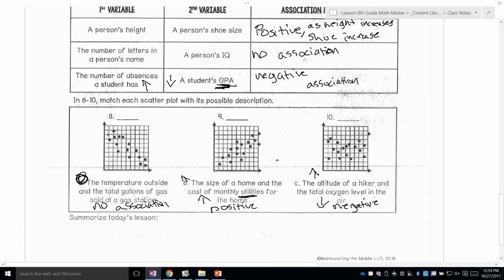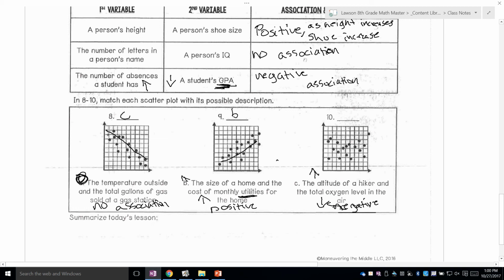So we're going to come back through, and 8 seems to be going down from left to right. That's going to be a negative association. So we're going to put C because we said that C had a negative association. 9 from left to right, if I was to draw a line, seems to be going up, which would be a positive association.